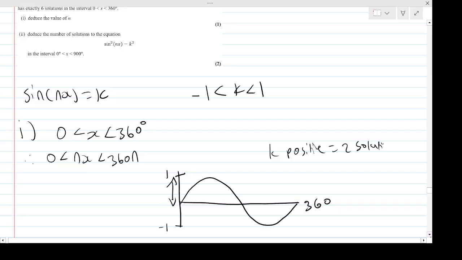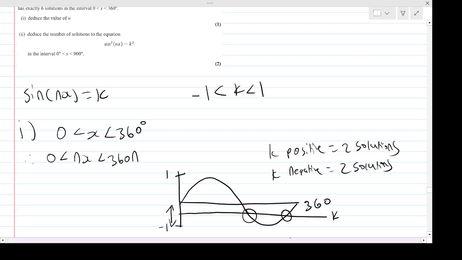What if k is negative instead? What if k is on the negative part, say there? So k would be here, k is negative. Again, we would have two solutions in the first 360 degrees. So actually, we also get two solutions here as well.